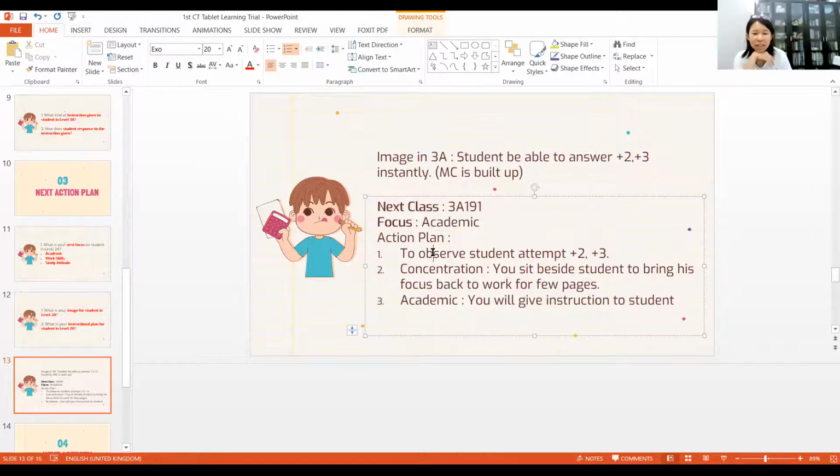If you encounter this kind of situation, how are you going to handle the student in terms of academics? If he can't do +2 and +3, perhaps, I don't know. Sorry, I really can't imagine. I do not have a very clear image of Aneeq, and I also forgot about the DT already.